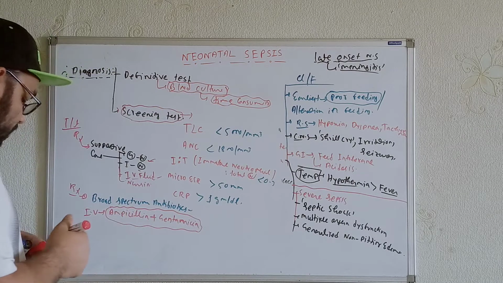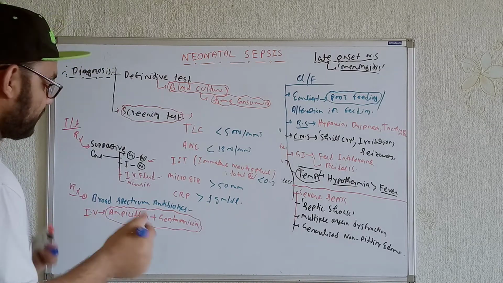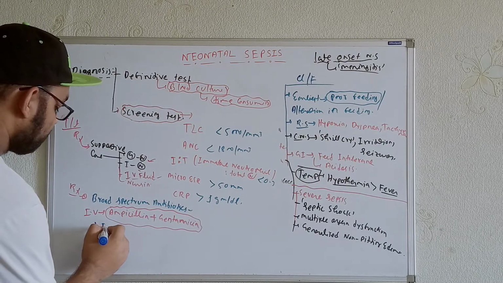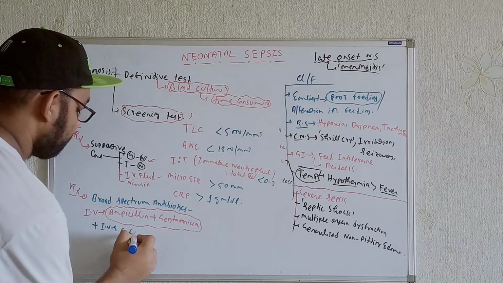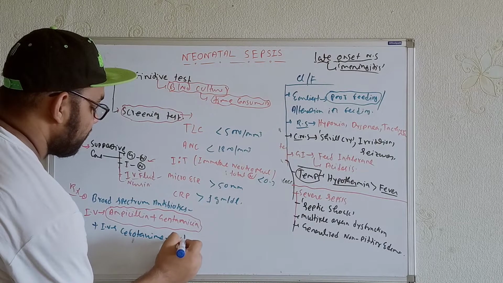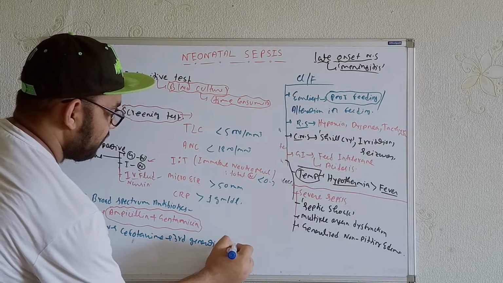But if we see there is a chance of having meningitis, then what do you have to use? You have to use intravenous cefotaxime, a third generation cephalosporin.